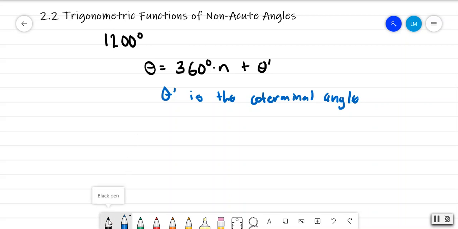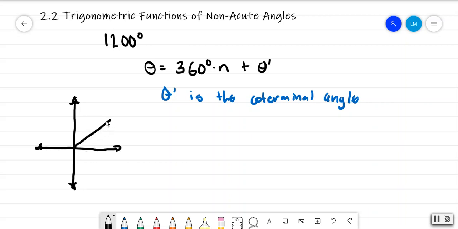So to give you an idea of what we mean by reference angle, say for example that we have an angle measure and it happens to terminate in the first quadrant. Now in this case, the angle measure theta is going to be equal to theta prime, and the angle relative to the x-axis will be the reference angle.